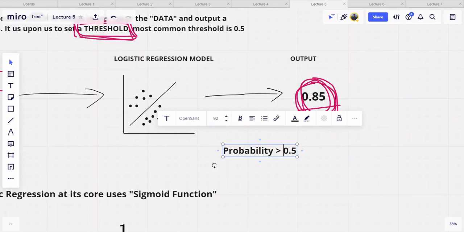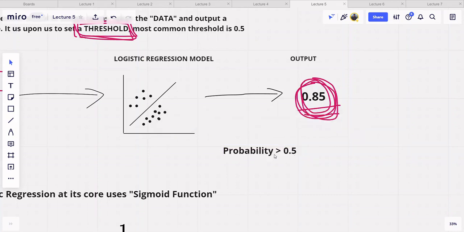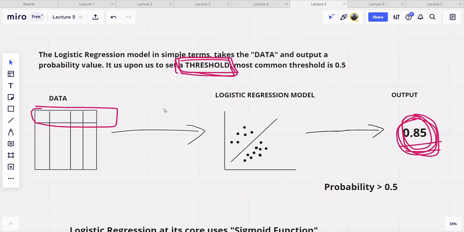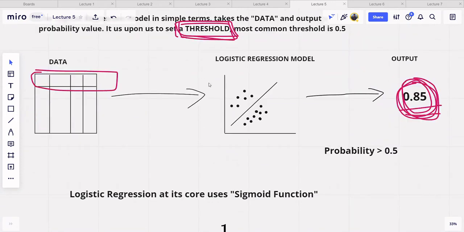If the probability value is below 0.5, then we can conclude that the person does not have diabetes. So it is upon us to decide the deciding threshold. The model will only output a probability value. It is upon us to decide if the person actually has diabetes or not.